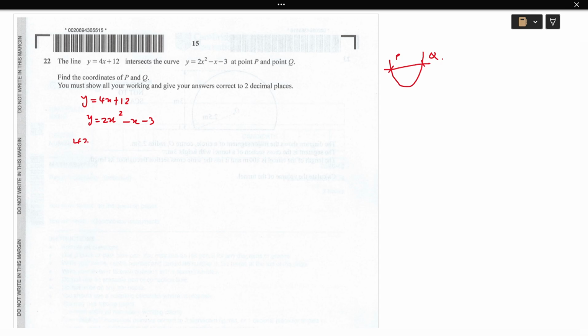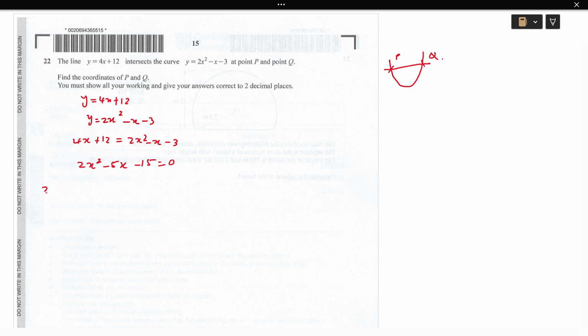When we make them equal, 4x plus 12 equals 2x square minus x minus 3. Bringing everything to one side, I get 2x square minus 5x minus 15 equals 0.